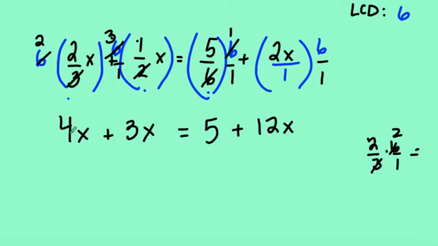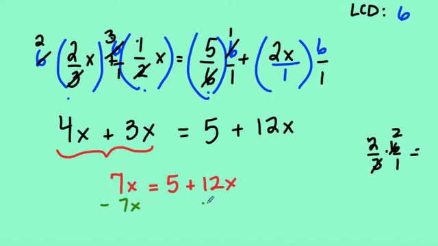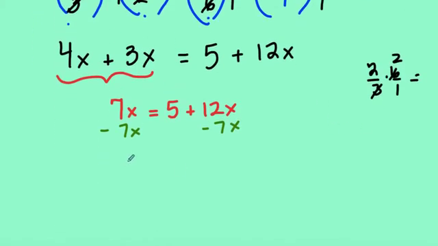All right, so now I'm going to combine the like terms on each side. Over here I can add the like terms and I get 7x equals 5 plus 12x. Remember in the last video, one of my suggestions was to bring the smaller variable to the larger and subtract, or do the opposite. The reason I do that is that it always will give me a positive x value.